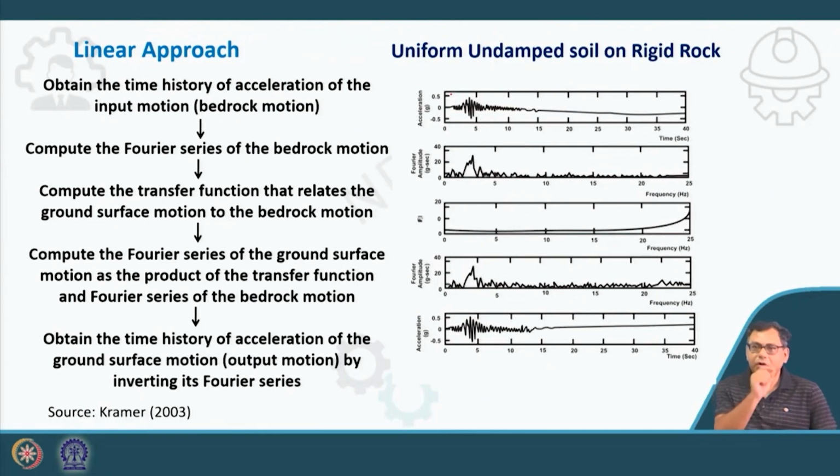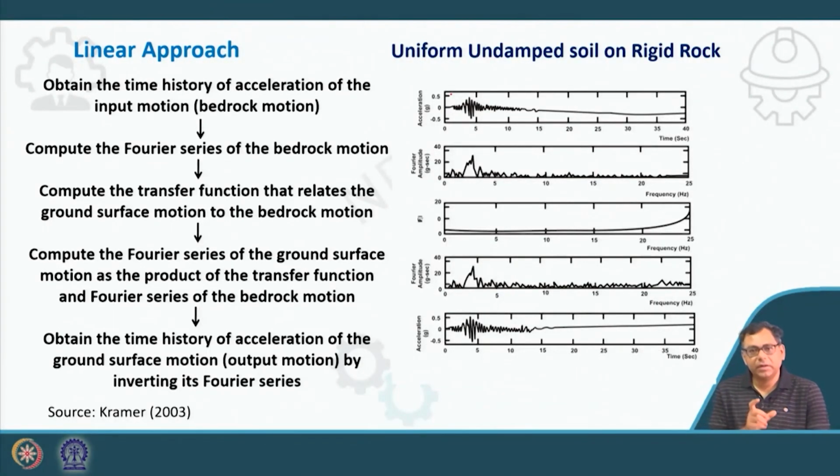In my module 2 I have already discussed how I will measure the strong ground motion. Strong ground motion can be measured by accelerometer, and weak ground motion you can measure by seismograph.